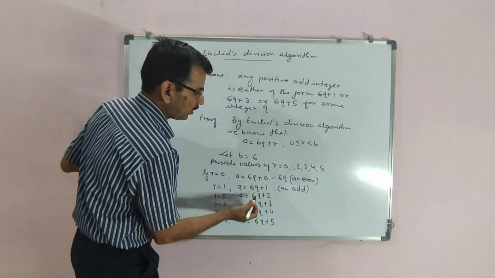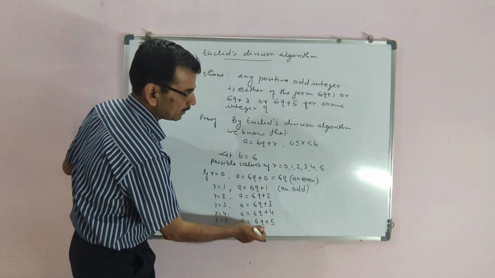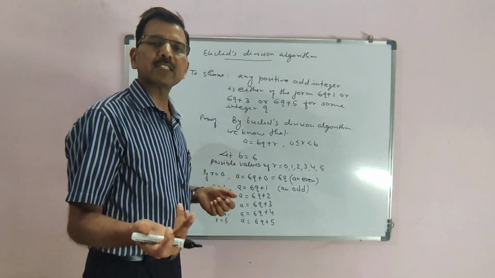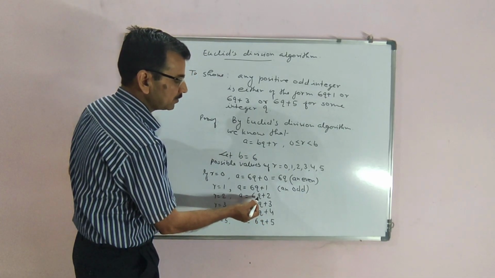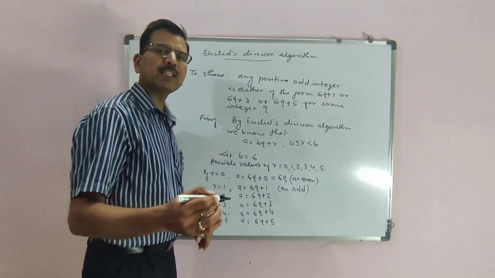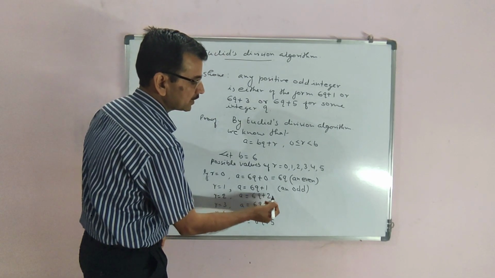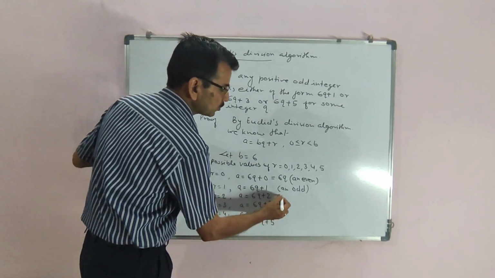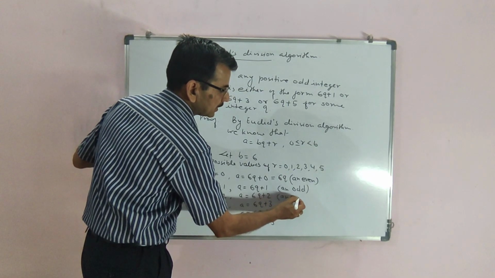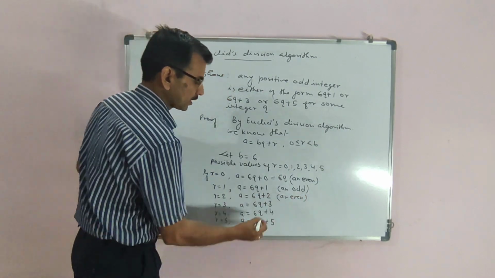Now for the remaining ones you can get the answer very fast. 6q is an even integer, 2 is also an even integer. So what will be the sum of these two? An even integer. Yes.